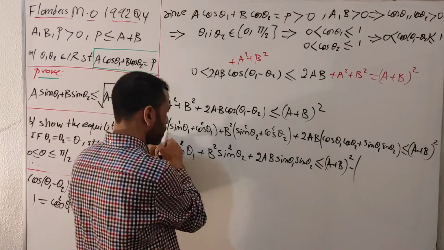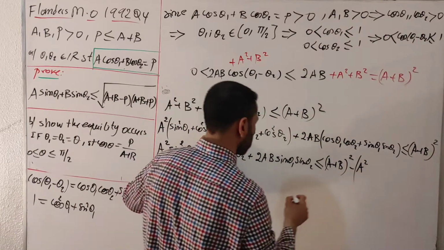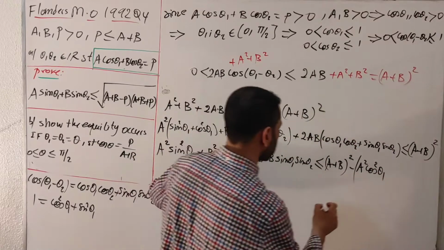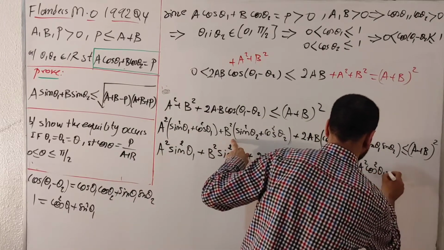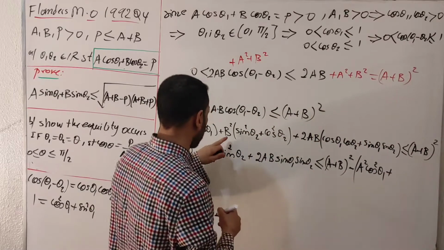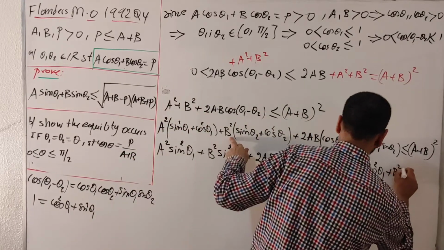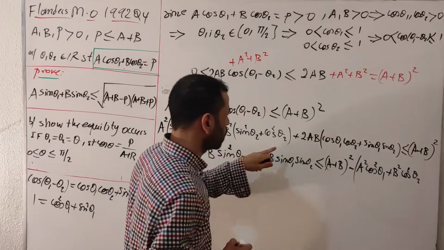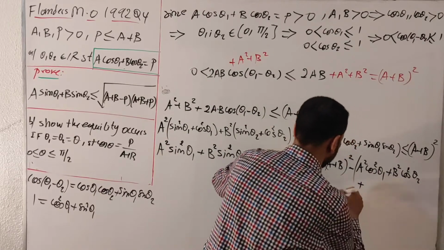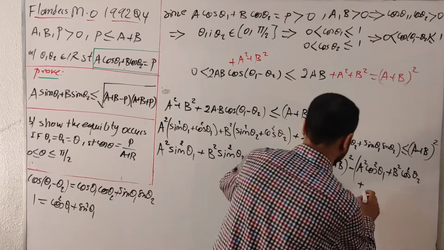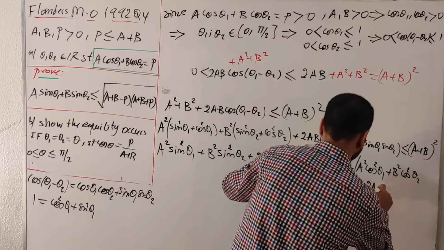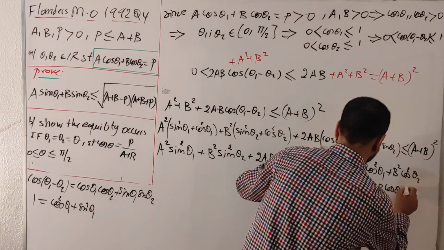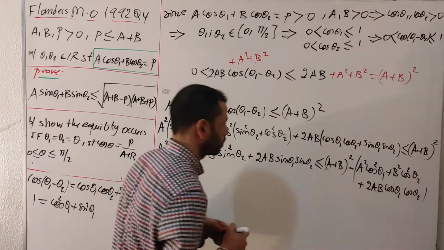So we'll have capital A square multiplied by cosine square theta 1, minus, with this minus I put minus as a common factor, B square multiplied by cosine square theta 2, minus, with this plus because I have minus as a common factor, 2AB multiplied by cosine theta 1 cosine theta 2, okay?